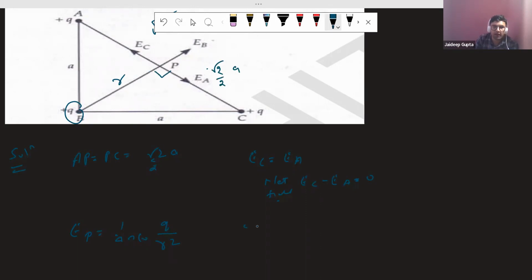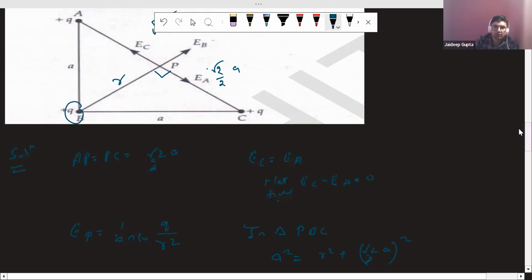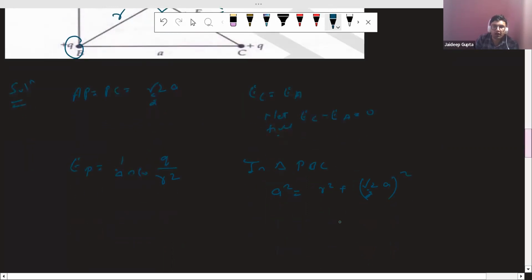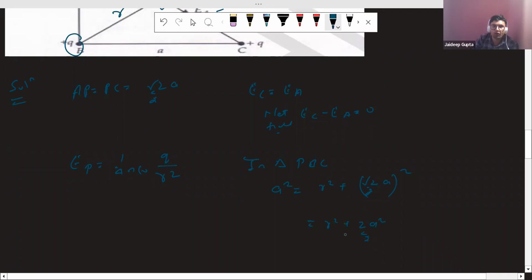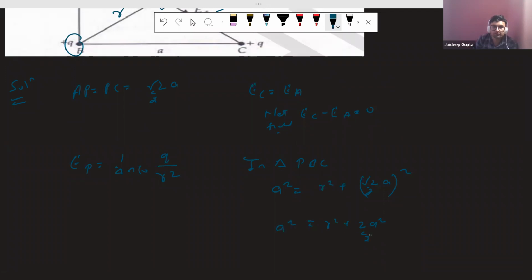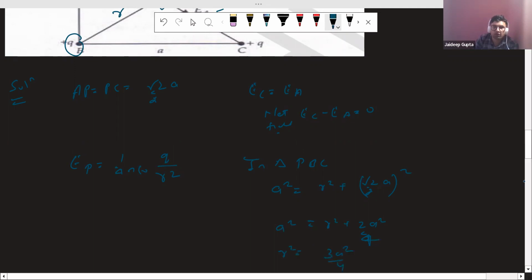Again, we will apply in triangle PBC using Pythagoras. This is hypotenuse. So A square equals R square plus root 2 over 2A whole square. So R square plus 2A square over 4, so R square equals 3A square over 4.